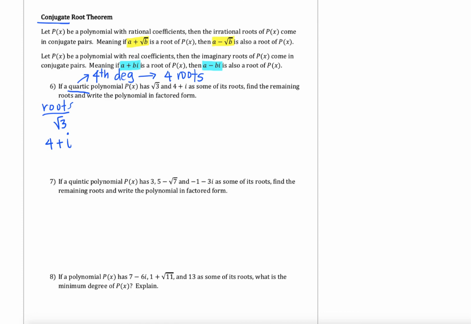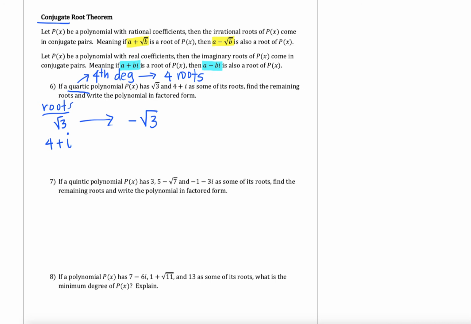That could definitely happen. But the conjugate root theorem tells me that if I have any root of the form a plus the square root of b, then I also have to have a minus the square root of b. And if I have a plus bi, then I also have to have a minus bi. So just because root 3 is a root, that also tells me that negative root 3 is a root as well, using that conjugate root theorem.